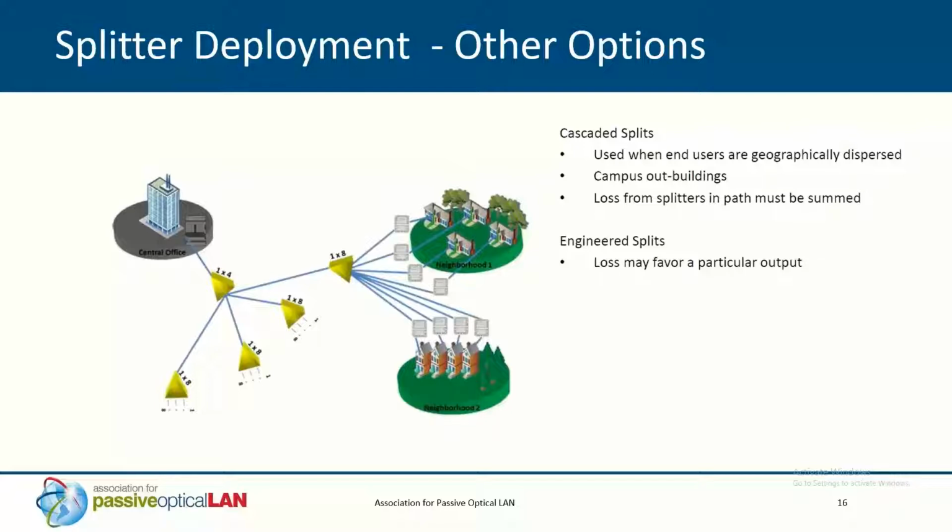So it's obvious that we're going to have some power loss at each one of the ports. But we can also have an engineered split. Let's say I have locations that are very close to my central office or my service provider.